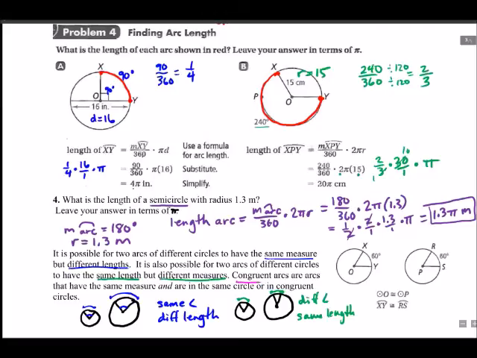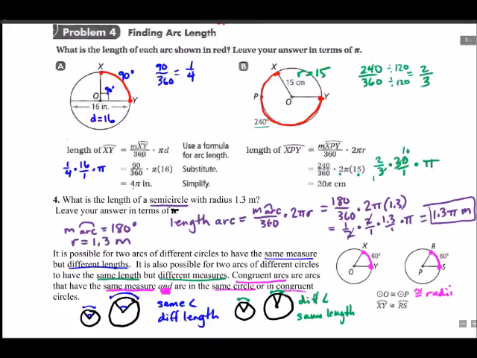Now, congruent arcs are arcs that have the same measure and are in the same circle or congruent circles. So we have circle O is congruent to circle P, and what does that tell us? They have congruent radii, because that's how we judge circles, which tells us that these are congruent arcs.